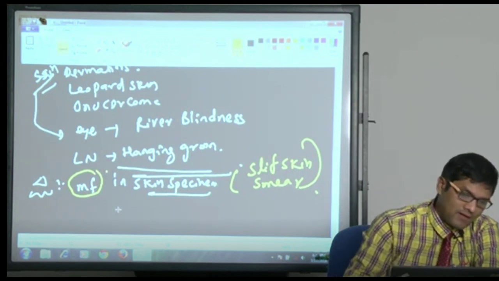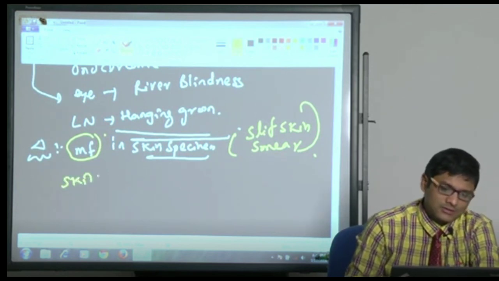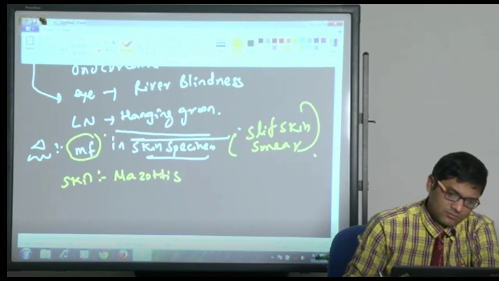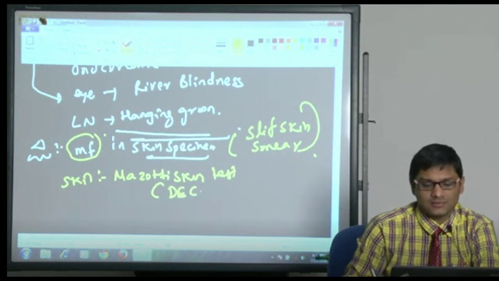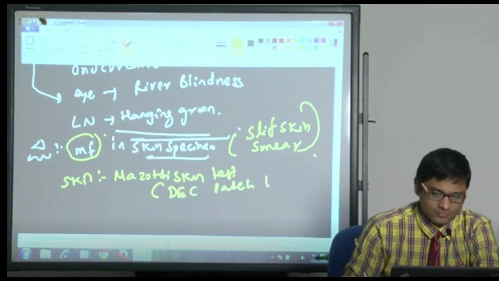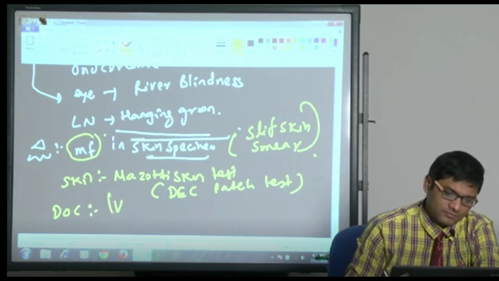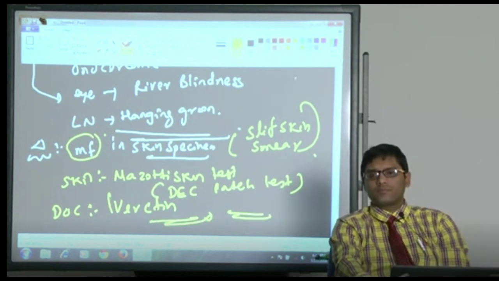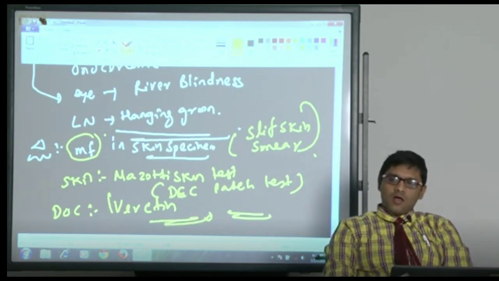And apart from that, the skin test called Mazzotti's skin test, also called the DEC patch test. Don't forget the drug of choice is ivermectin. Okay, so that finishes parasitology.